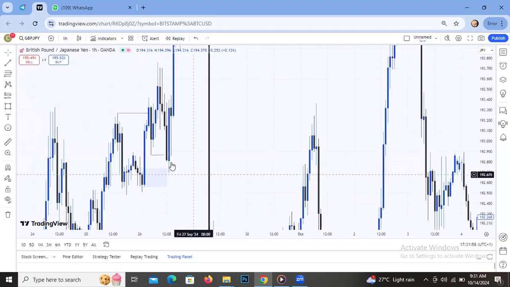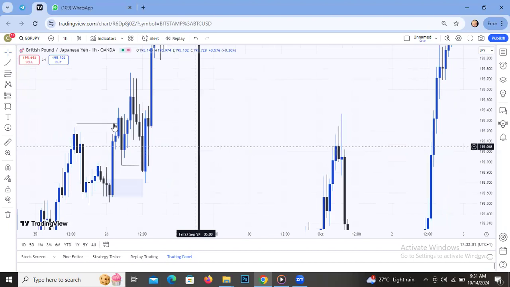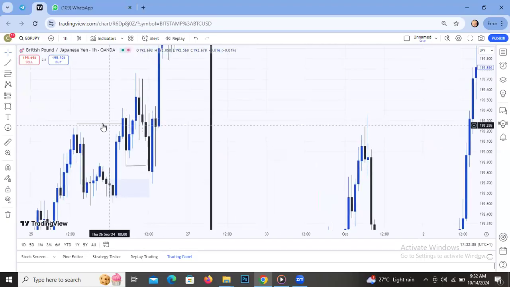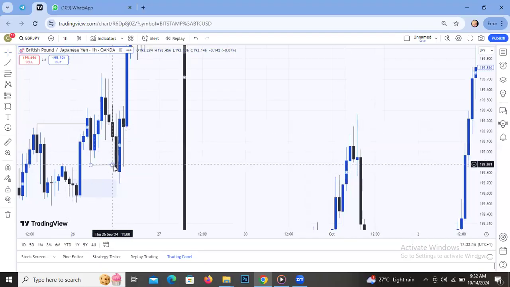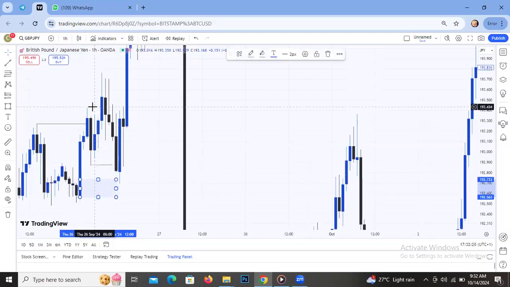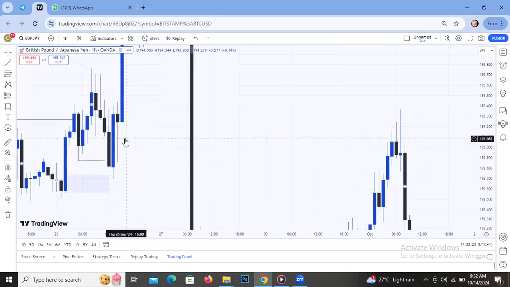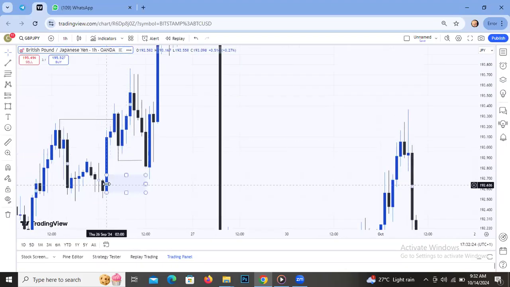I said, look at it here. The immediate break. Now this is the pullback. You can see the pullback here, and the other block now. And that pullback broke another structure to the upside, then creating liquidity for the other block here.